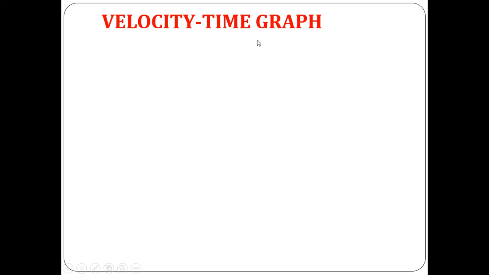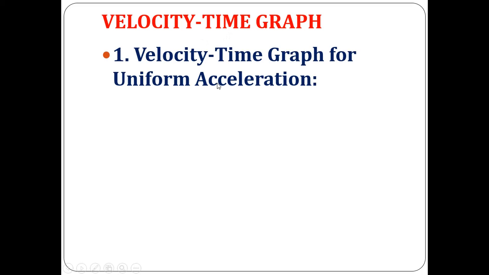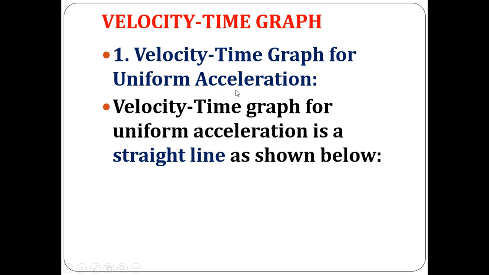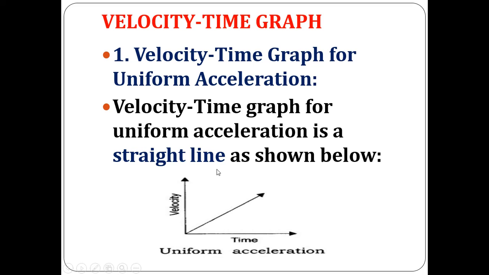Now, the velocity time graph describes the relation between velocity and time. When there is uniform acceleration, the velocity time graph will be a straight line.